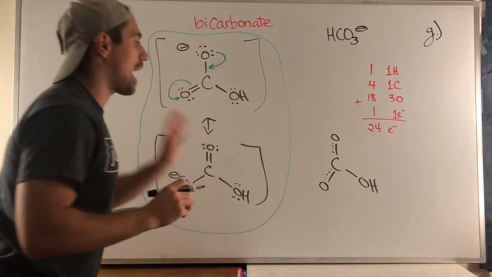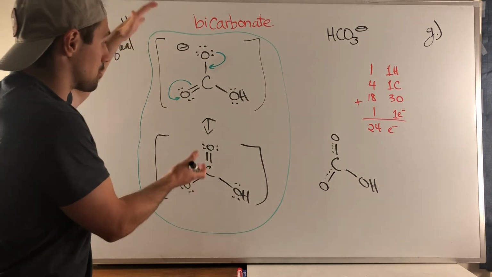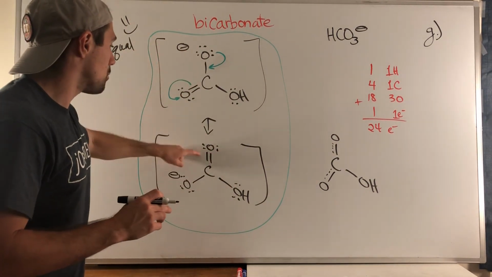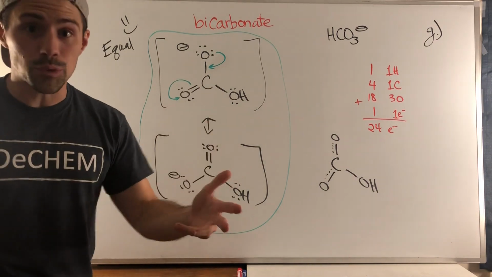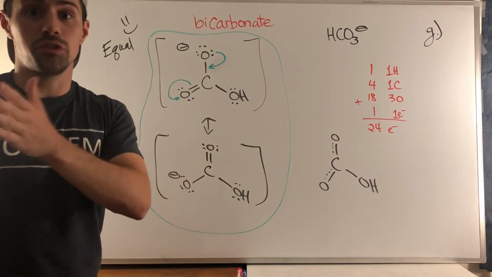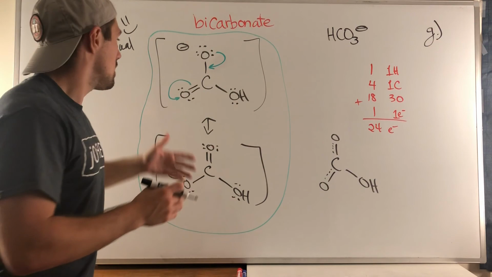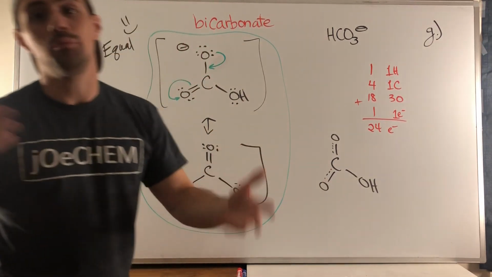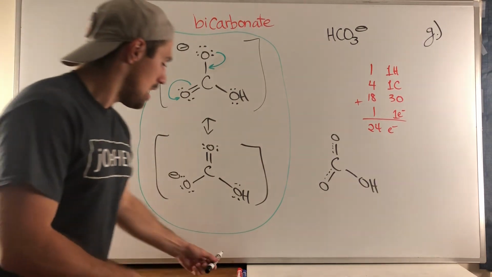Just to show that the overall hybrid has a single here, a double here, so if they're contributing equally, 1 plus 2 divided by 2 is 1.5. So here and at this location and at this location, they're more 1.5 bonds than a single or a double.